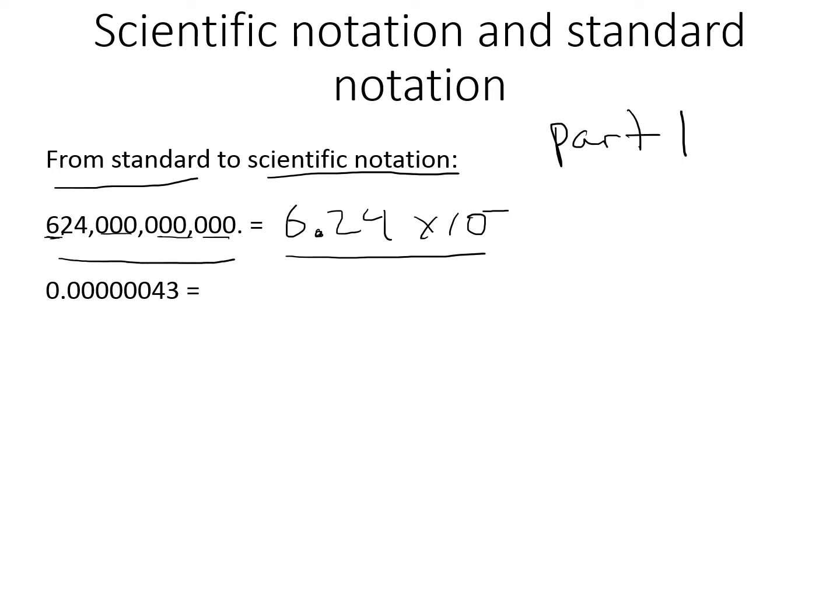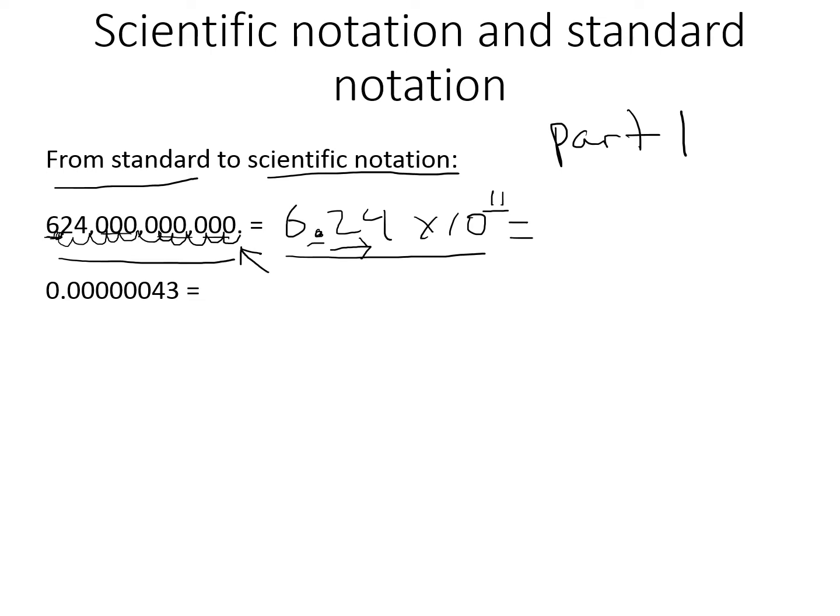We can just count out the number of spaces that we would need to move this decimal point to equal this number. So 6.24. It's going to be 1, 2, 3, 4, 5, 6, 7, 8, 9, 10, 11. Okay. So 6.24 times 10 to the 11th power equals this number.